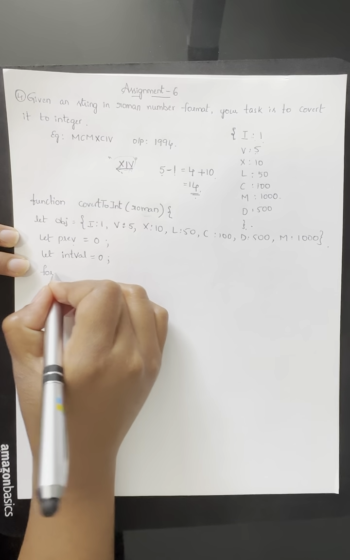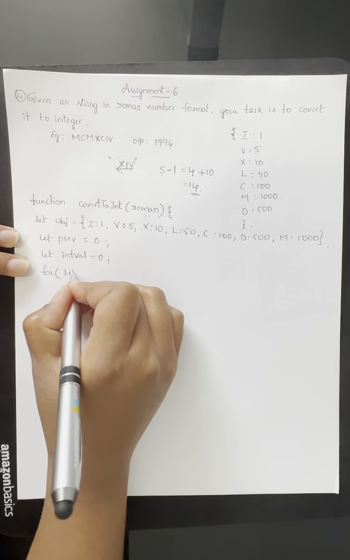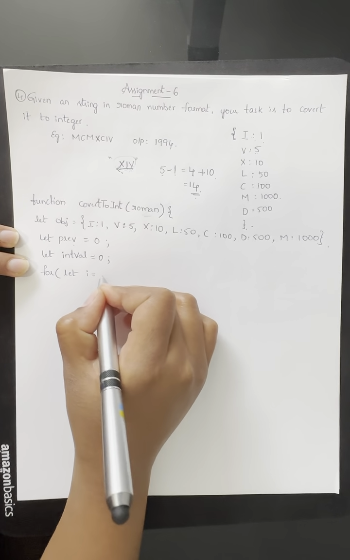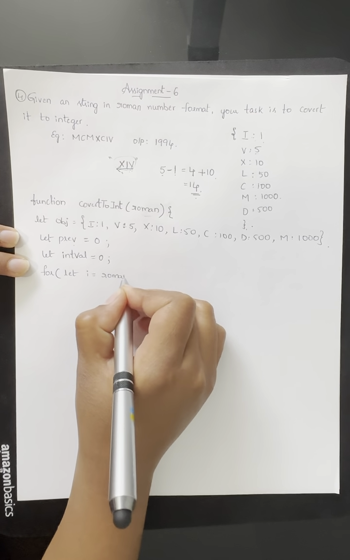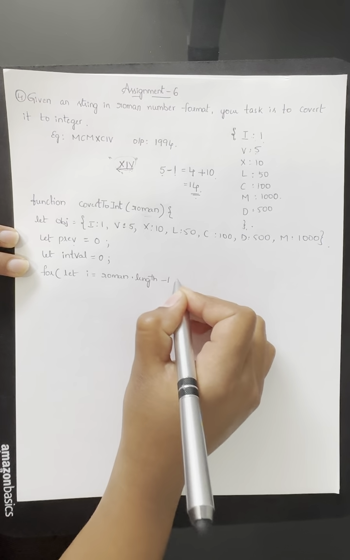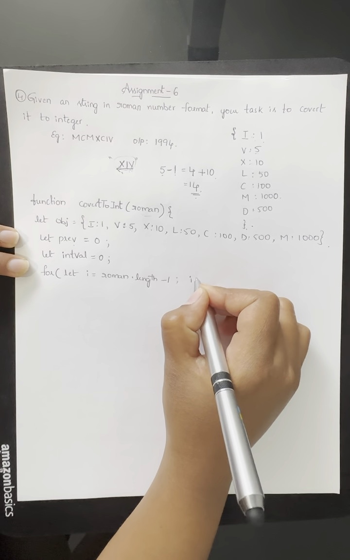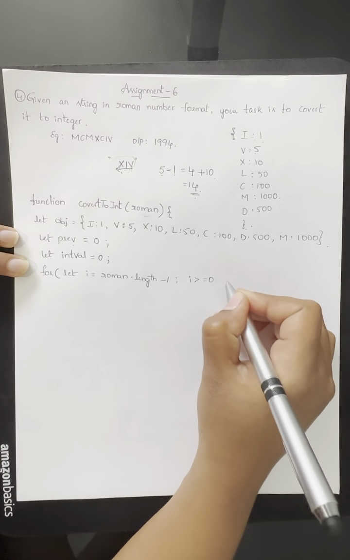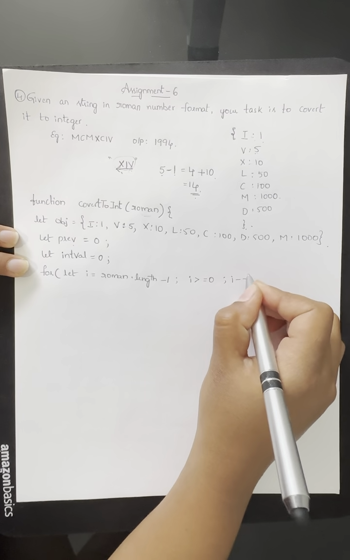So now I'll use a for loop, and the for loop starts from the last index: roman.length minus 1, i greater than or equal to 0, i minus minus.